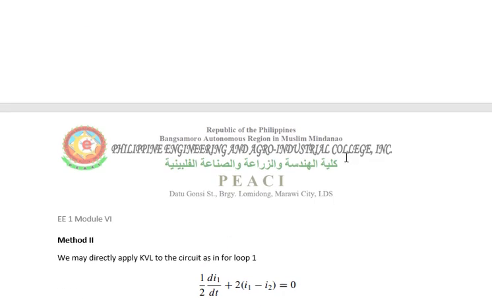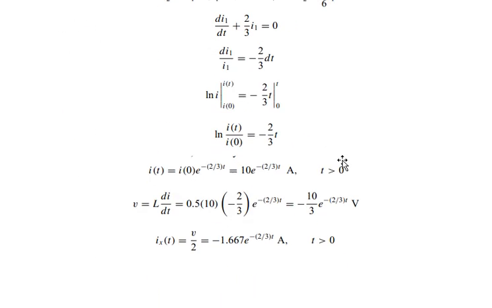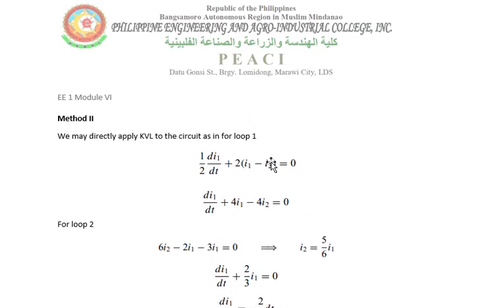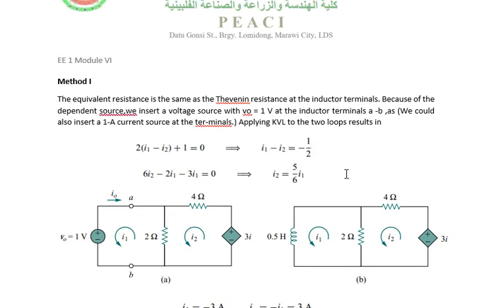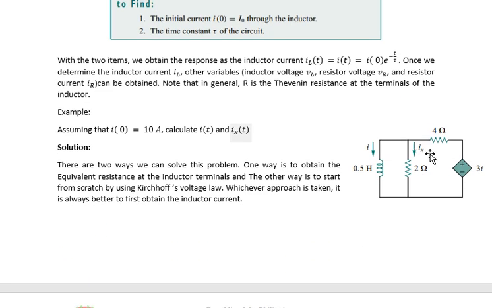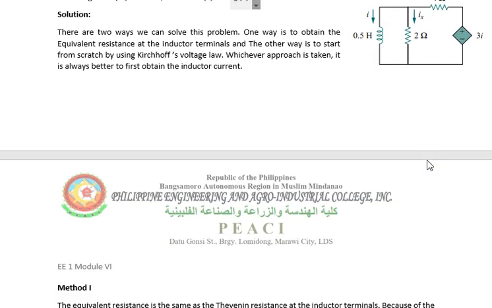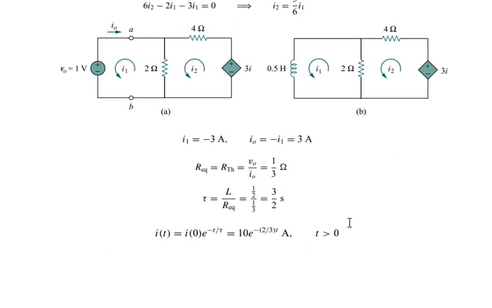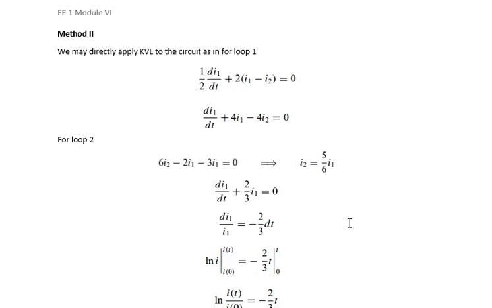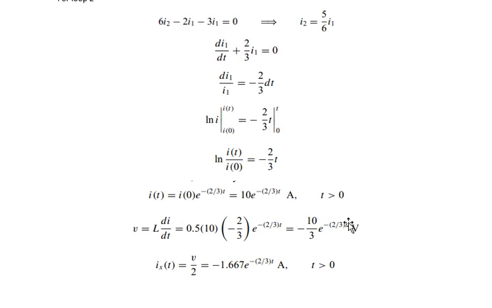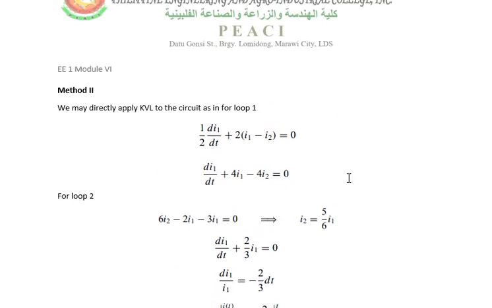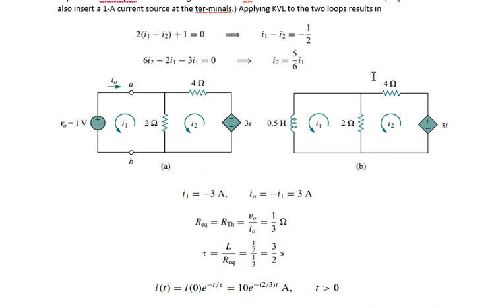Okay, then method 2 is just by using the KVL method. But take note that when we use the KVL method here, all of these parameters here are a function of time. Okay, so it's a little bit complicated when we use the KVL method. Okay, but if you study this approach, it is very compatible with this problem.